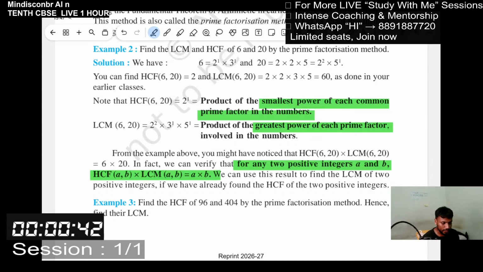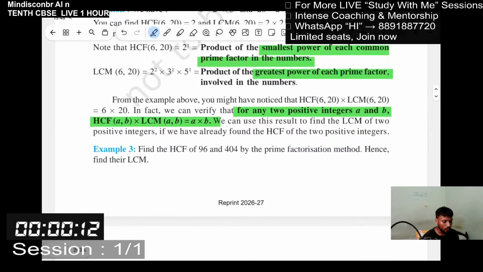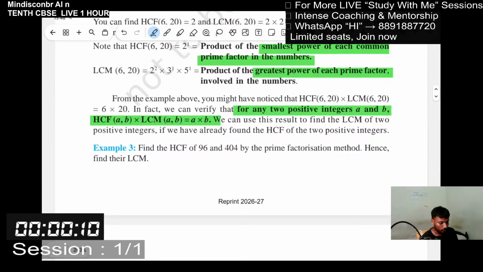HCF of two numbers is the product of the smallest power of each common prime factor in the numbers, and LCM is the product of the greatest power of each prime factor involved in the numbers. Also we have seen that for any two positive integers a and b, HCF of a and b into LCM of a and b is equal to the product of the two numbers a and b. So we can use this result to find the LCM of two positive integers if we have already found the HCF of the two positive integers.